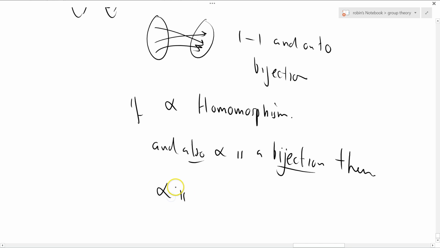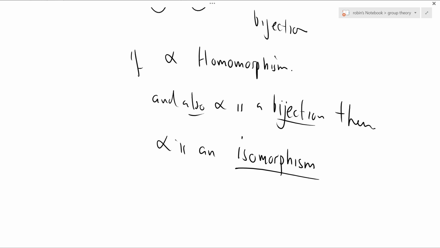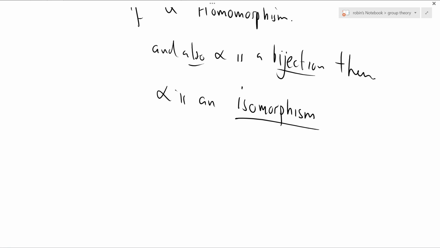You say alpha is an isomorphism. Homomorphism means same shape, but isomorphism means even more same shape in some sense. So I'm going to give you an example of two isomorphic groups.